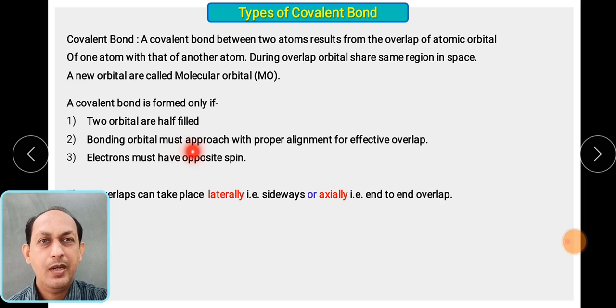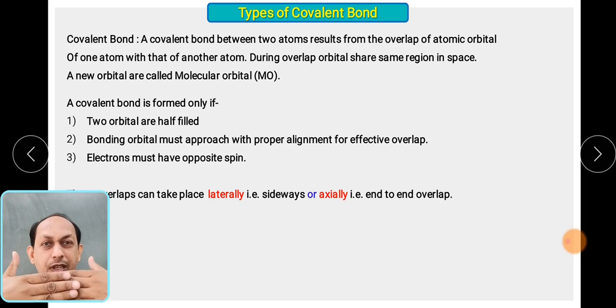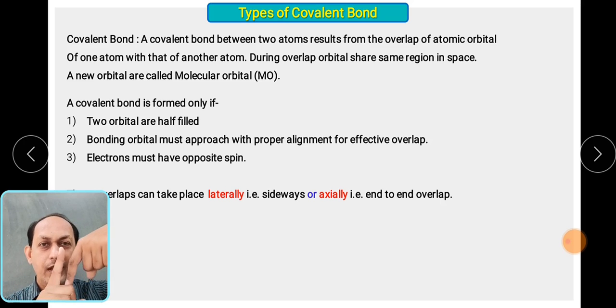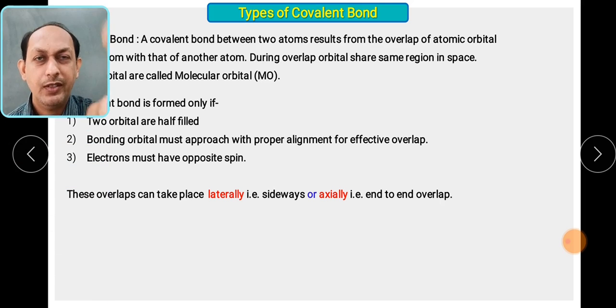Then the bonding orbital must approach with proper alignment with effective overlap. बॉन्डिंग होने के लिए सबसे ज़रूरी चीज़ जो है, जो ओवरलैप है वो मैक्सिमम होना चाहिए, ज़्यादा से ज़्यादा ओवरलैप एटॉमिक ऑर्बिटल्स का होना चाहिए. इसके लिए उसका जो अप्रोच है, अलाइनमेंट है, that is very important. Then the third thing is that the electrons, जो दो इलेक्ट्रॉन्स ओवरलैप हो रहे हैं उसके इलेक्ट्रॉन्स के स्पिन्स क्या चाहिए, अपोजिट, एक अपर हेड एक लोअर हेड एरो चाहिए. So this is the three basic things we need to remember in order to form the covalent bond.